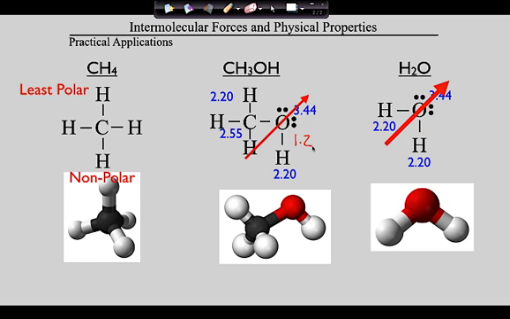Guys, what's the polarity of this bond? Also 1.2. What's the polarity of this bond? Also 1.2. So far it's completely a tie. But now, guys, let's go up here, and what's the polarity of this bond between carbon and oxygen about? About 0.9-ish? And typically you can estimate. So guys, look what we just found out.